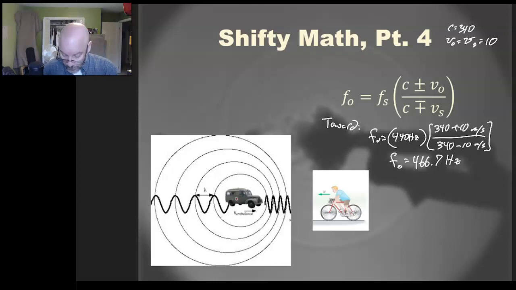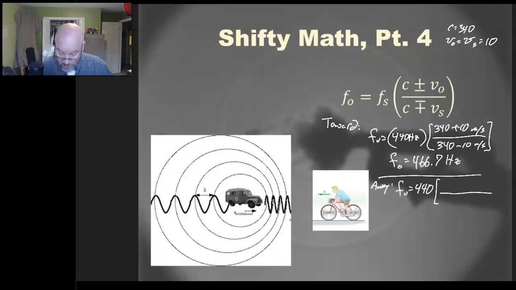All right, now let's look at one where they're moving away. So now we're going to have the 440. I'm scrunched for room, so I'm not going to put in my units there. I apologize.